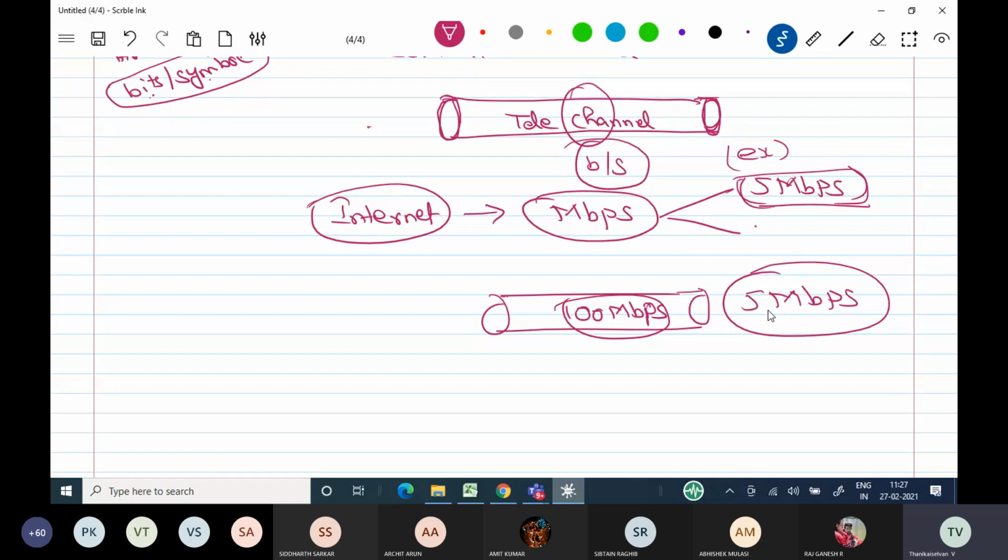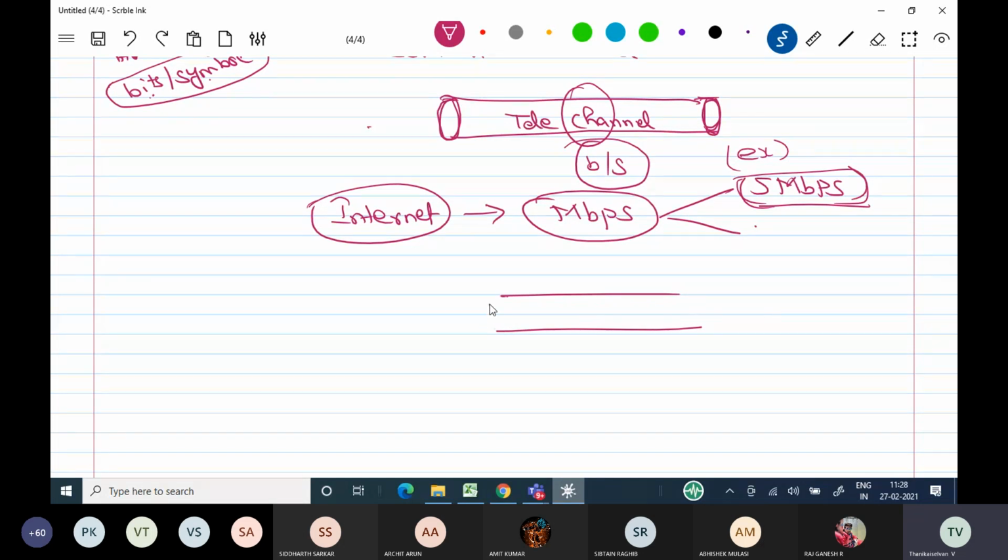So what is the meaning of channel capacity? Now we will come to our point, because we will see one or two channels now, and the remaining channels in the evening class. Maximum data transfer rate is called channel capacity.